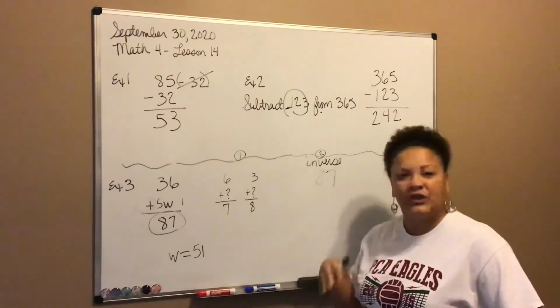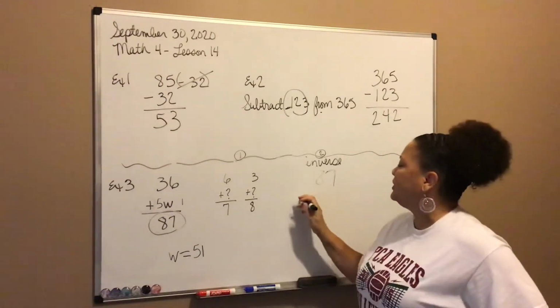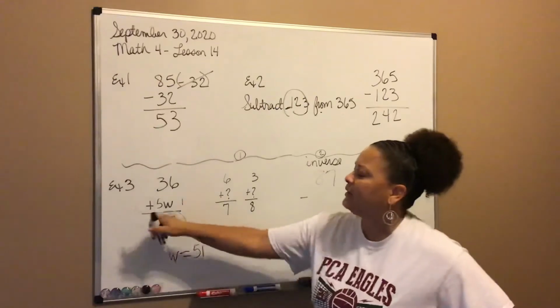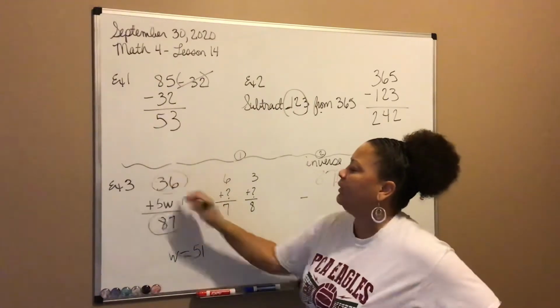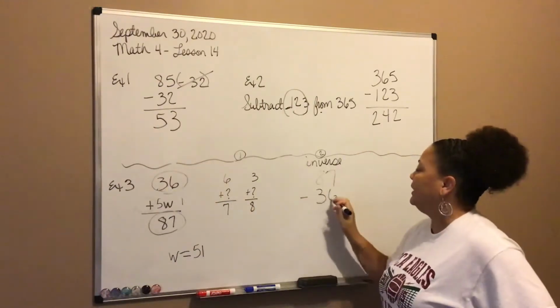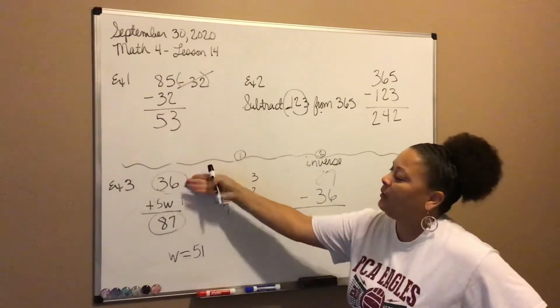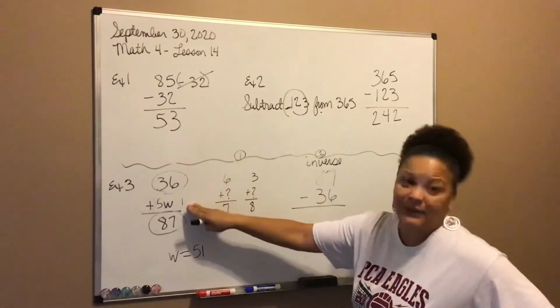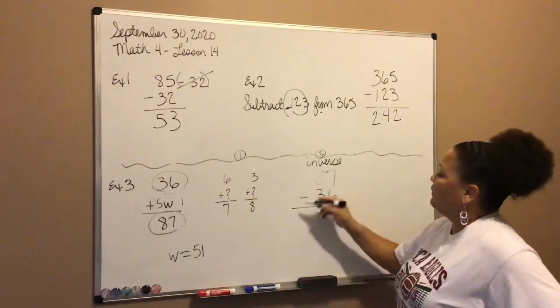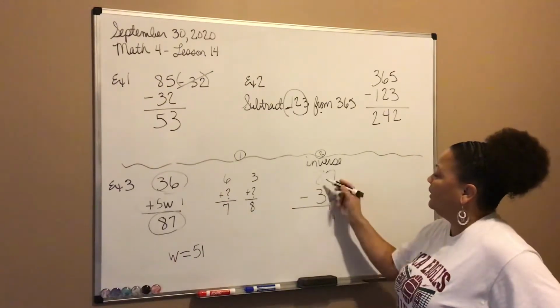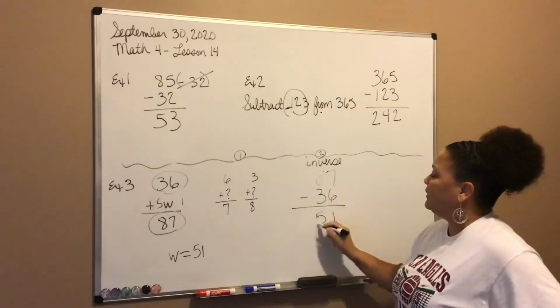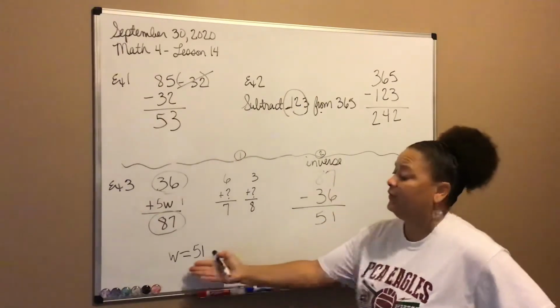The opposite of addition is subtraction, right? So you change your sign from plus to minus, and then you take the smaller number, 36. You take your big number, subtract your small number, and that tells you what's left. So 7 minus 6 is 1, 8 minus 3 is 5. We came out with the same 51.